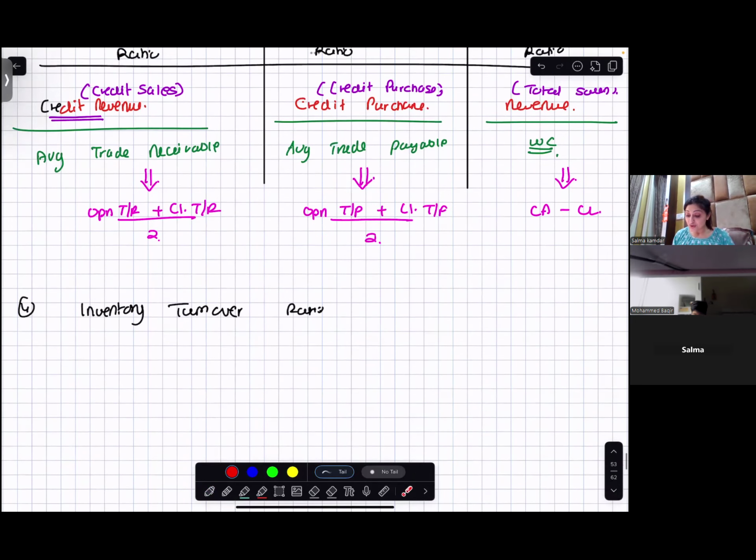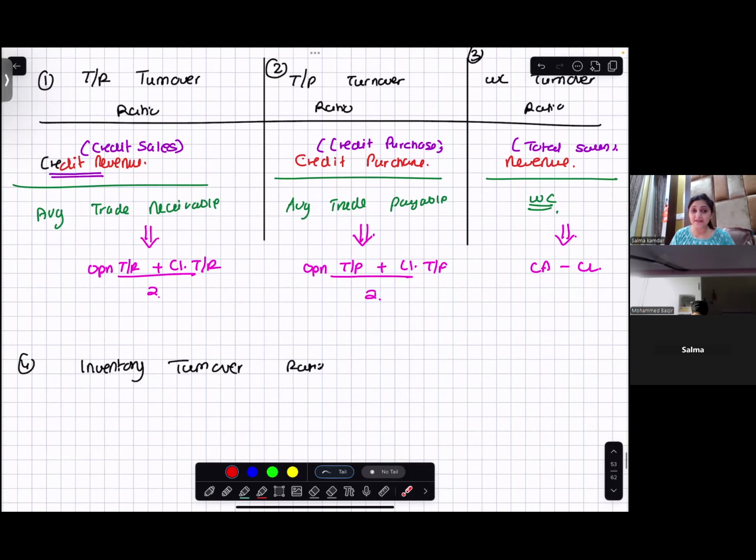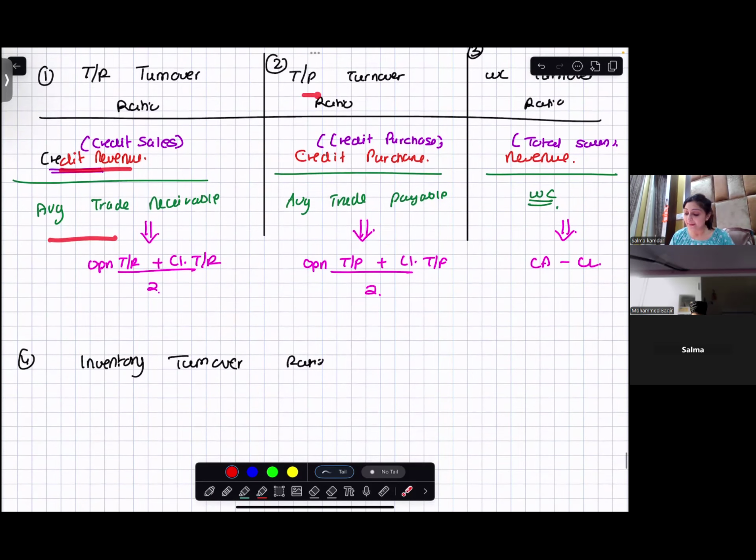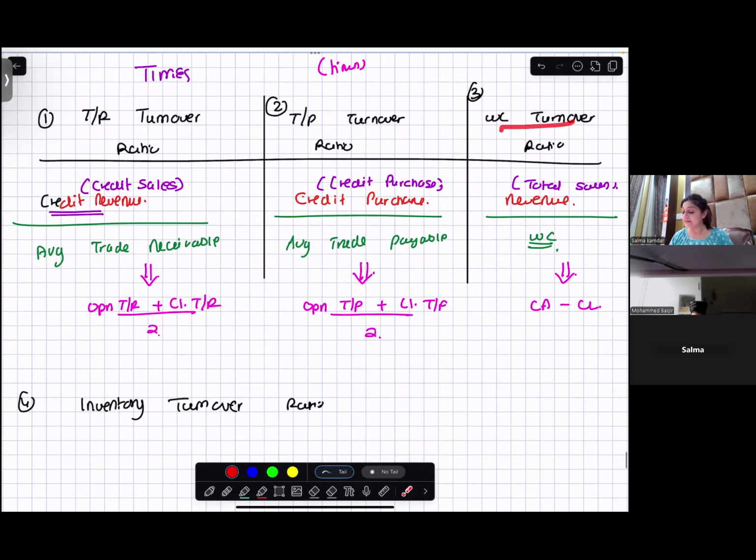So trade receivable turnover ratio would be your credit sales over average trade receivables. Trade payable turnover ratio would be your credit purchases over average trade payables. Working capital turnover ratio would be your total sales over the working capital.